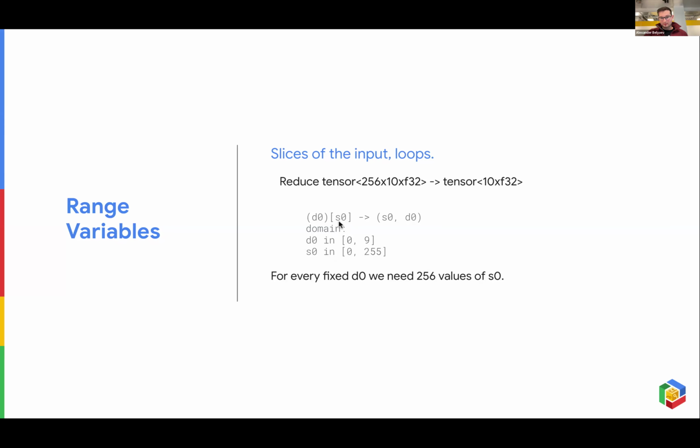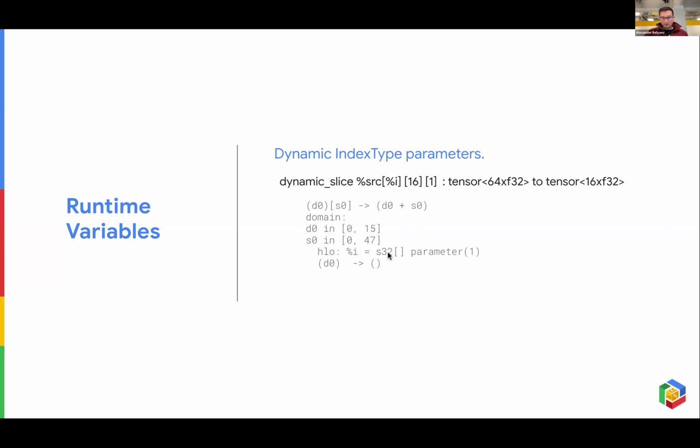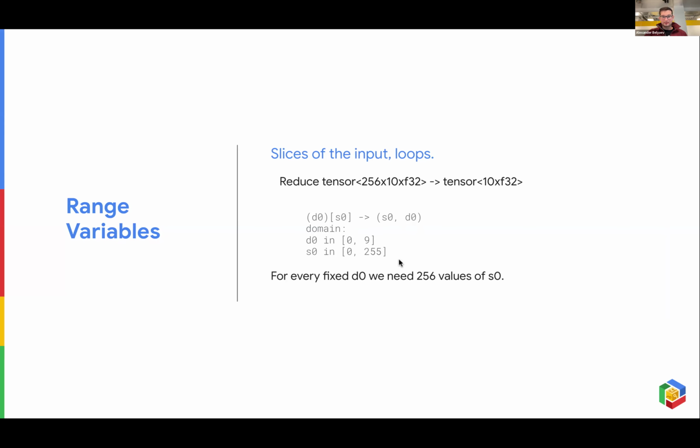So we have D0, S0, which map to S0, D0. The symbols correspond to range variables, and range variables appear in reductions, in convolution, in reduce window, just max pooling. So all reduced or contracted dimensions will be symbols.